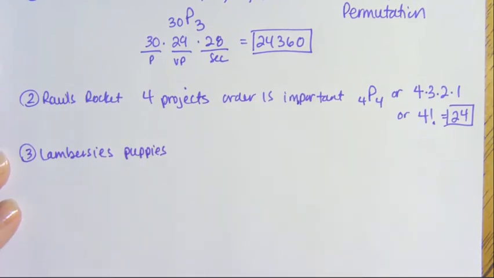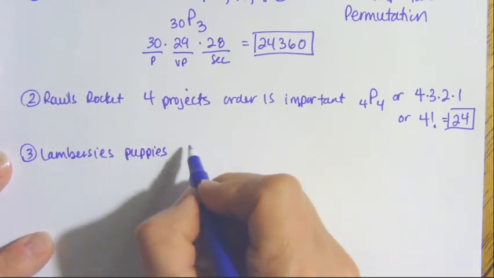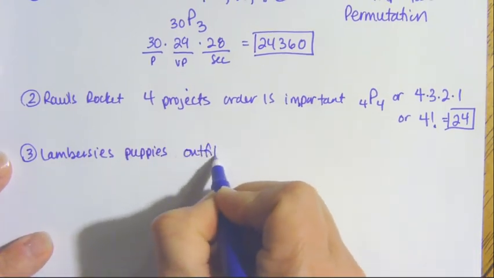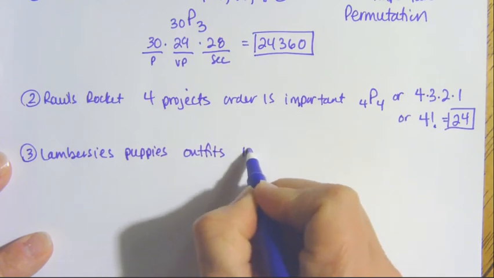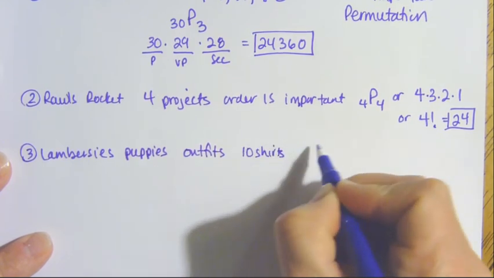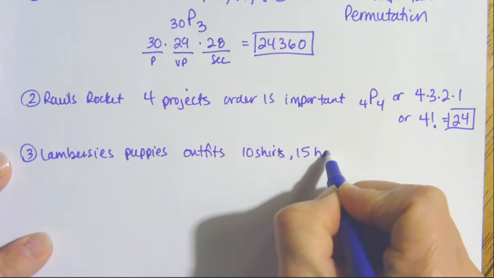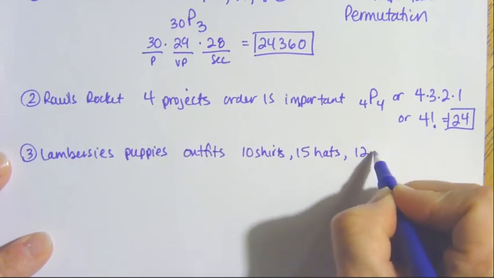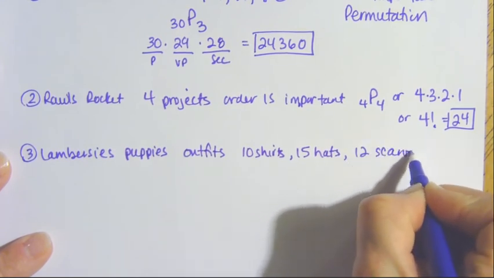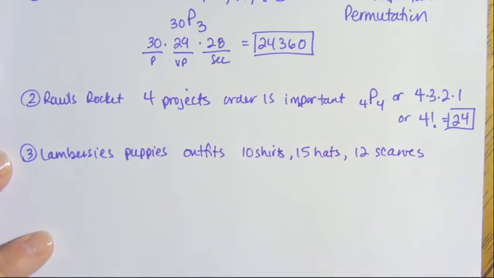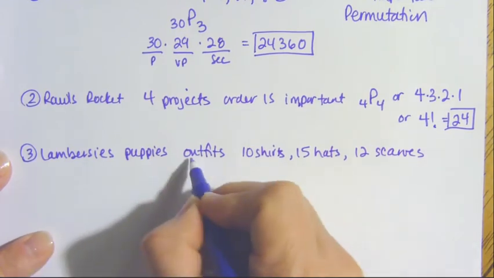So this one, this is where they're talking about the sombreros and all that kind of stuff. So I'm just going to say I want to know how many different outfits I can make. I'm going to say that there's 10 shirts to pick from. There's 15 hats and 12, I don't know, let's go scarves. So you have to pick one of each. How many different outfits?